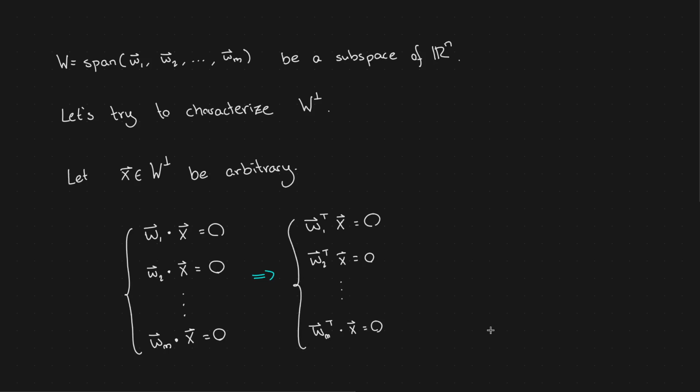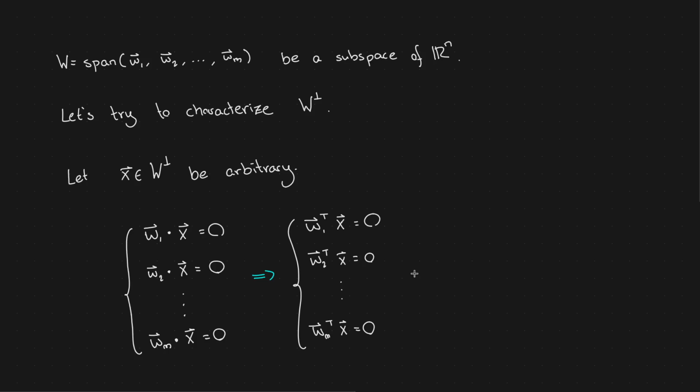Now, whoops. Lose the dot. This is no longer represented that way since I took the transpose. This is just matrix multiplication. There we go. So now if you've done lots of linear algebra, you might look at this and say, wait a second, this looks a whole lot like a matrix vector product.